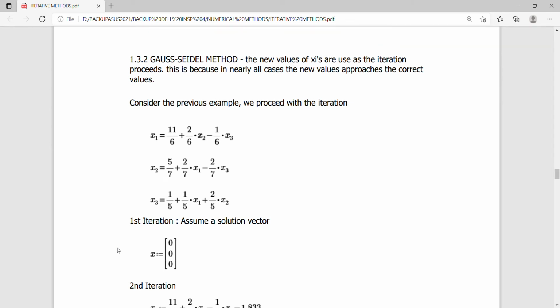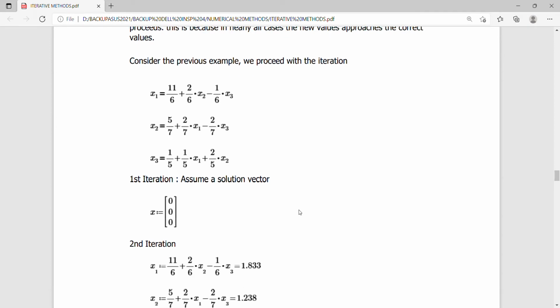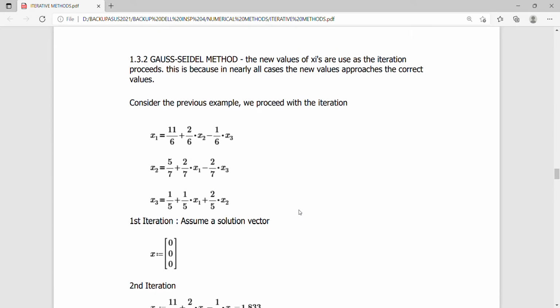And basically, what we're trying to do in the Gauss-Seidel method is to substitute the value of your solution vector based on the latest updated value, not on the last cycle.